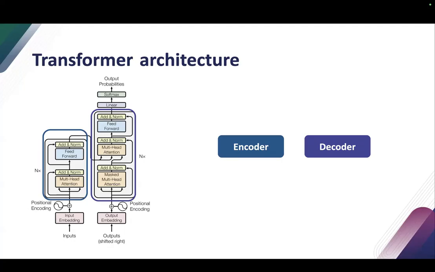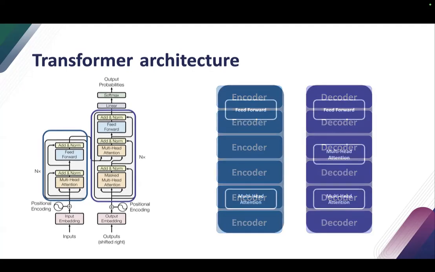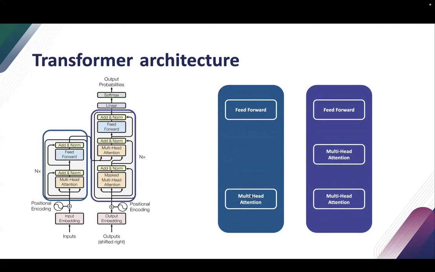So as I said, we actually have 6 encoders and decoders in a transformer architecture. But every encoder has the same components. The encoder is going to have what we call a multi-head attention, and following that, a classic feed-forward neural network, whereas the decoder part has 2 multi-heads and a feed-forward.